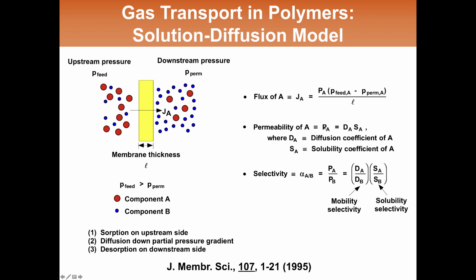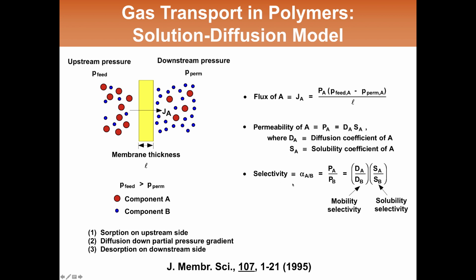How much gas can you get through the membrane? That depends upon how soluble the gas is in the membrane, how many molecules of gas can you dissolve in the membrane, times how fast they diffuse or how fast they move through the membrane. So the rate at which you can get molecules through the membrane depends upon how likely they are to dissolve in the membrane, and then how fast they move through the membrane once they're dissolved.